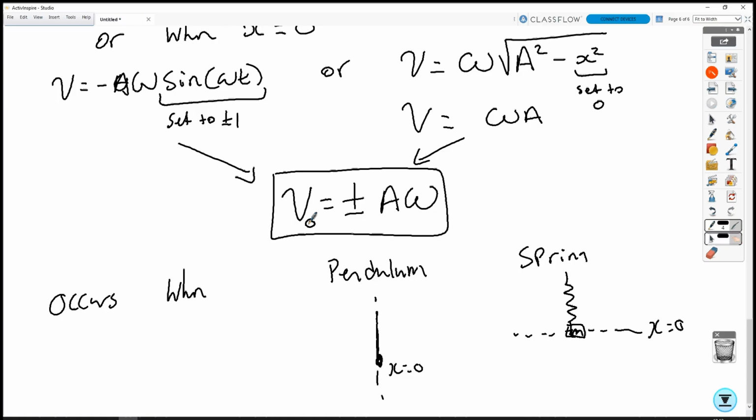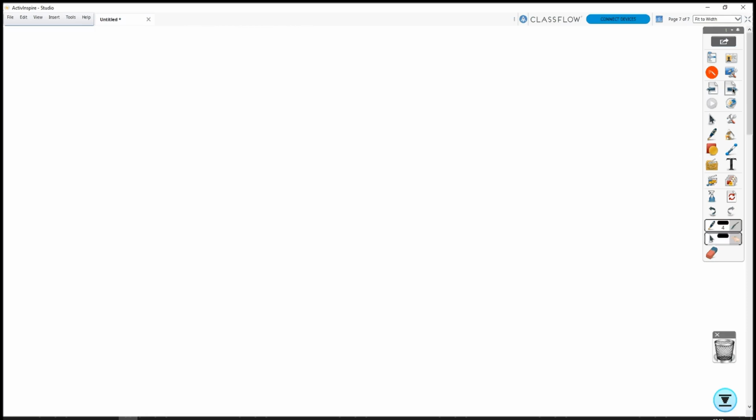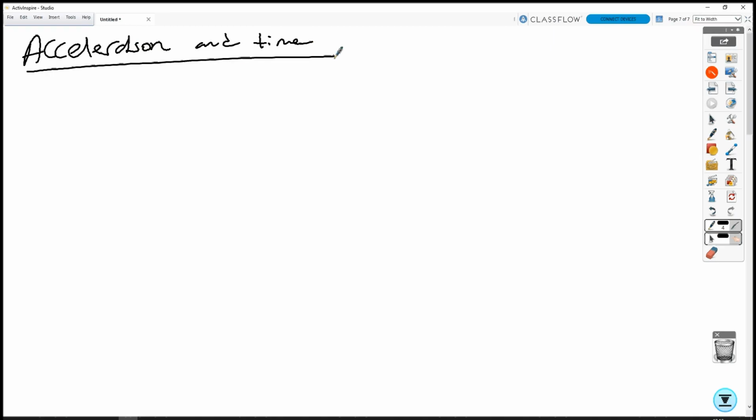Now, start a new page. Acceleration and time. So acceleration is just the rate of change of velocity.